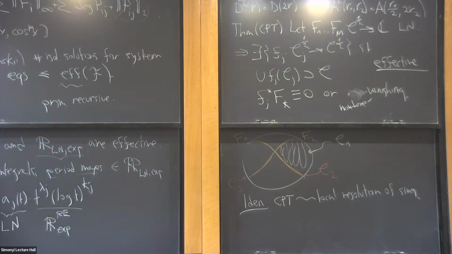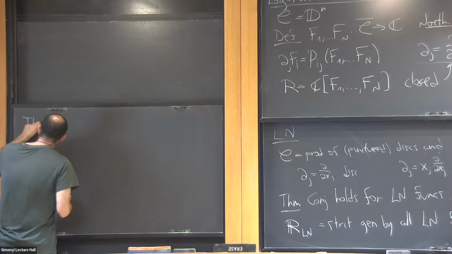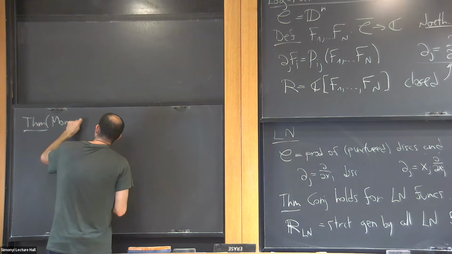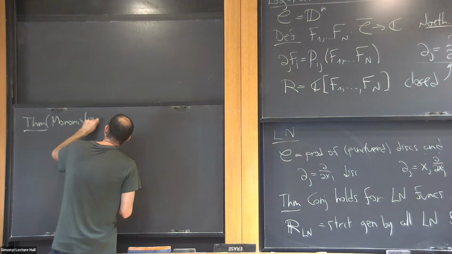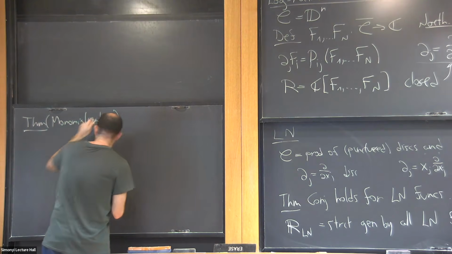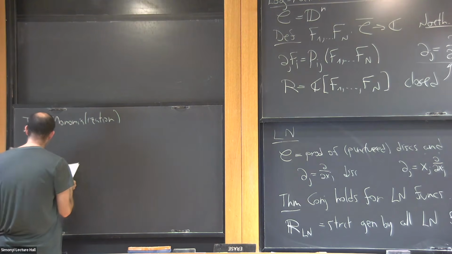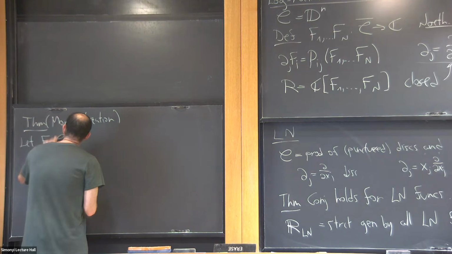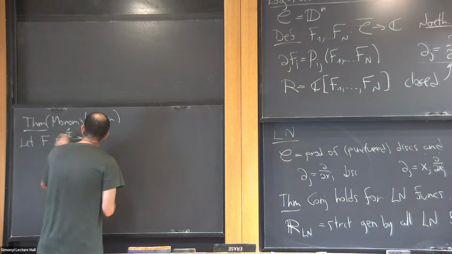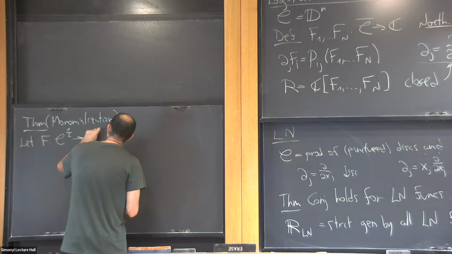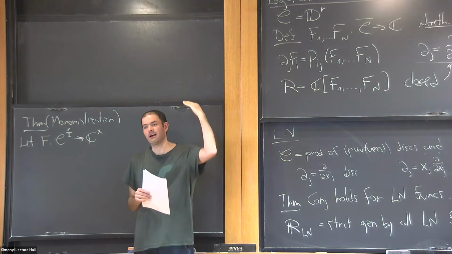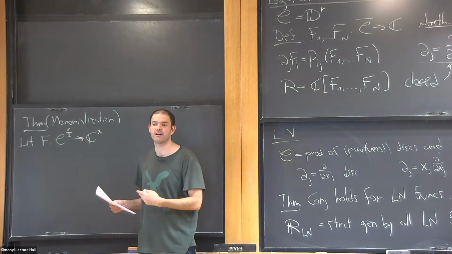The way to make this explicit is the following theorem, which I call the monomialization lemma. The theorem says that if you have a function f, again from some extension of a cell, and it's a non-vanishing function. Recall, I was saying that each of my functions, after I pull them back, is either identically 0 or non-vanishing.